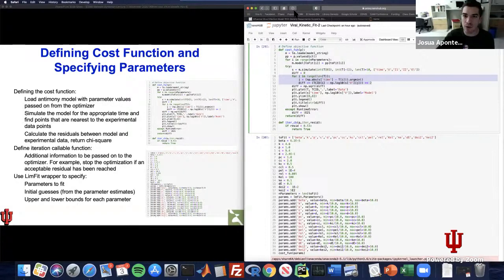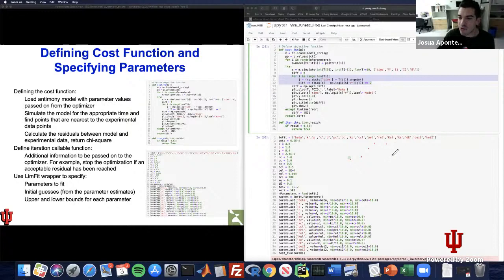I'm going to explain what this one is doing. Maybe I can draw. Let's say I have that my model looks like this.